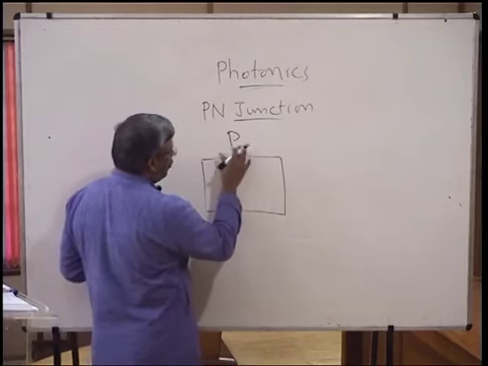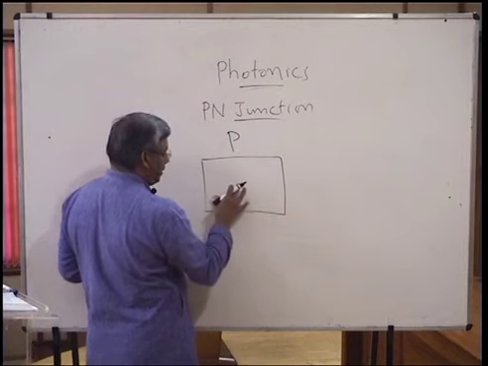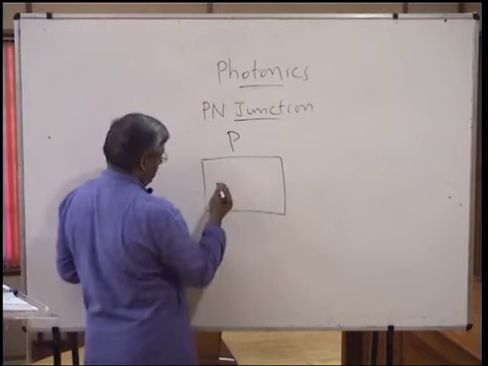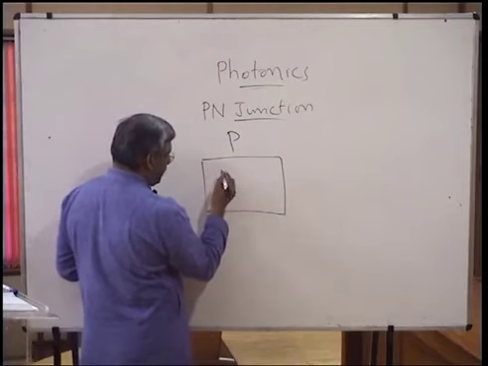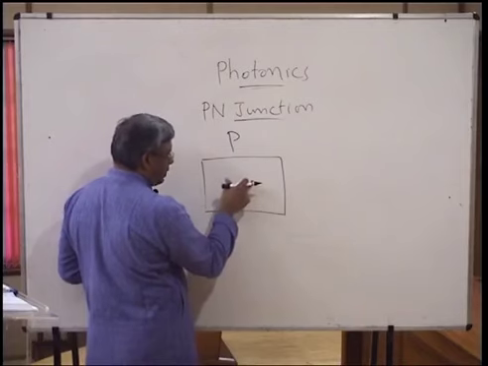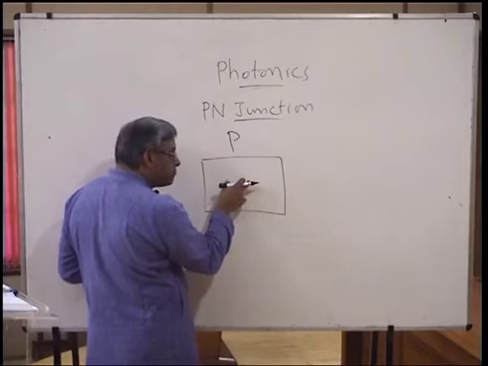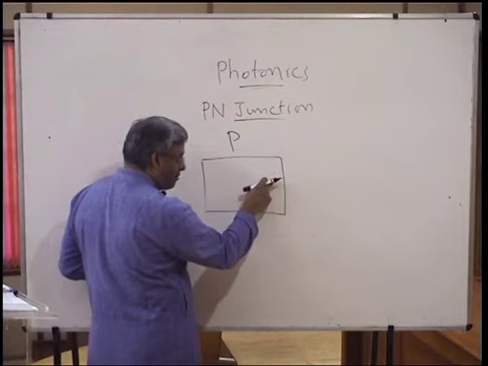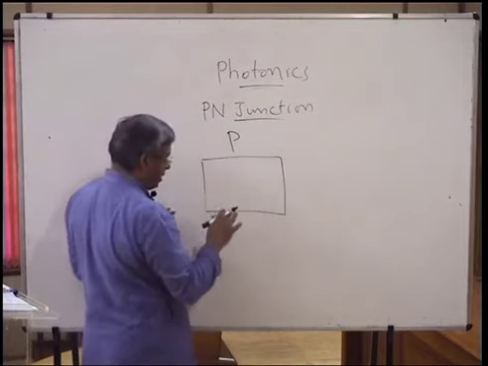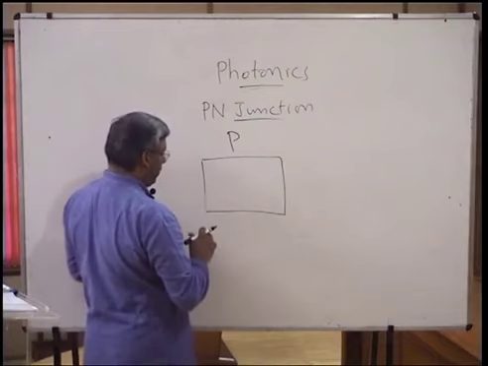Now, first we discuss p doping. What is p doping? This intrinsic material is doped by trivalent materials. You have seen that. So there will be a total number of electrons at the outer shell of 7, which is 8 minus 1. And all atoms will try to have octets in the outer shell. That's a perfect number.